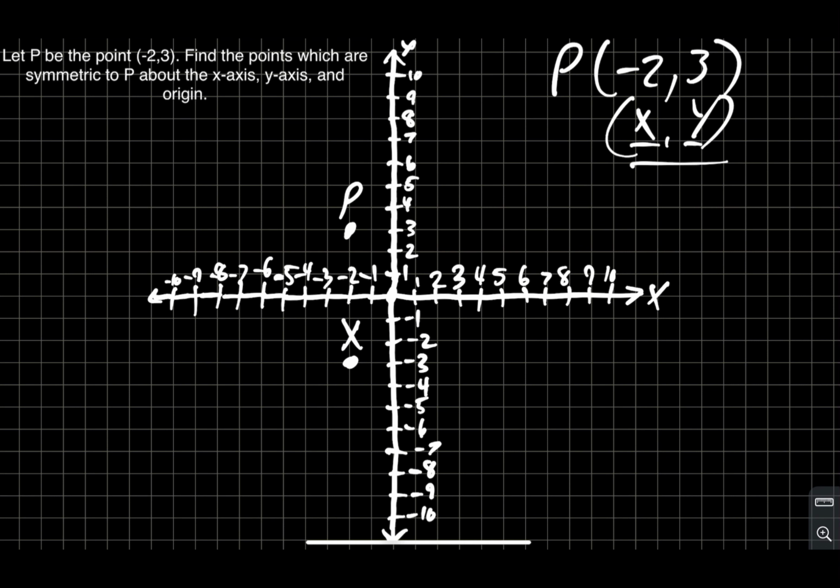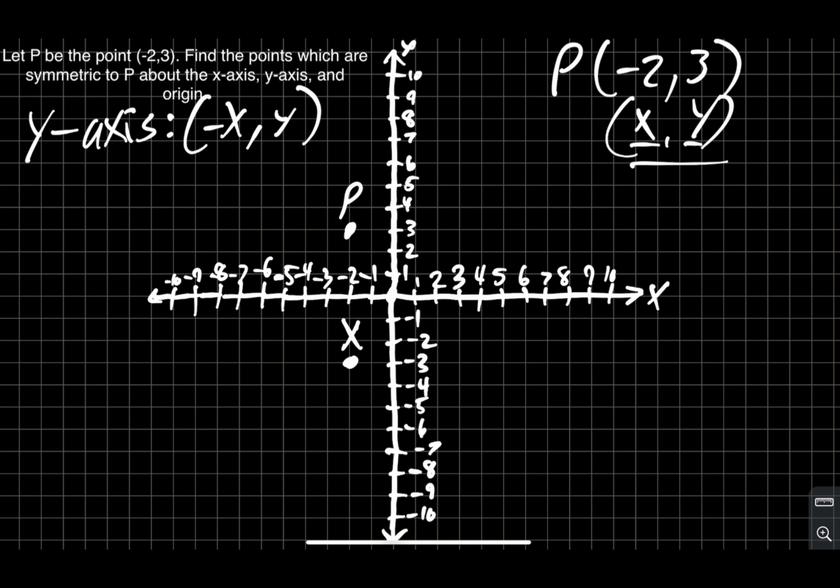Now, what do you do if you want to reflect about the y-axis? What is the formula for that? If you want to reflect about the y-axis, it's going to follow this formula: (-x, y). So we need to add a negative sign in front of -2. But if you notice, -2 already has a negative sign.